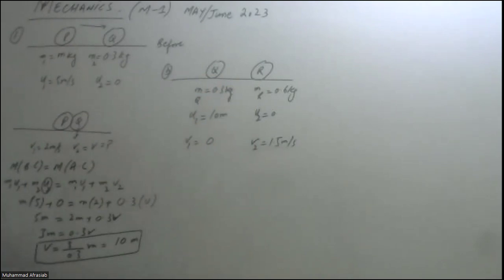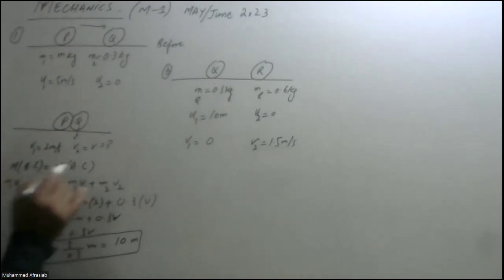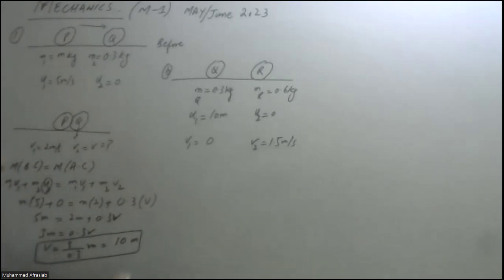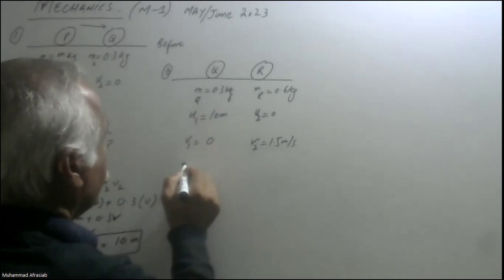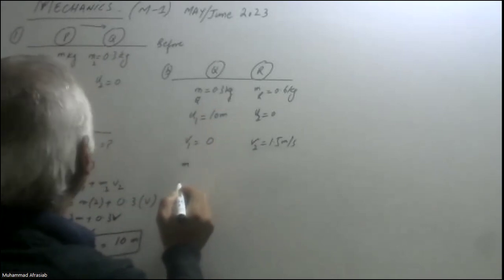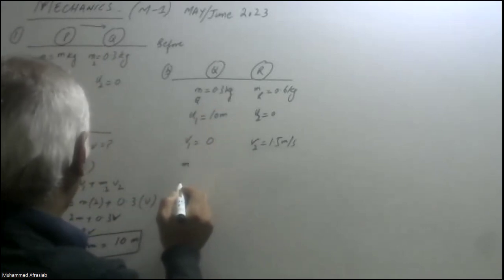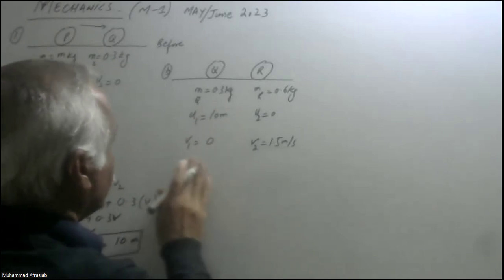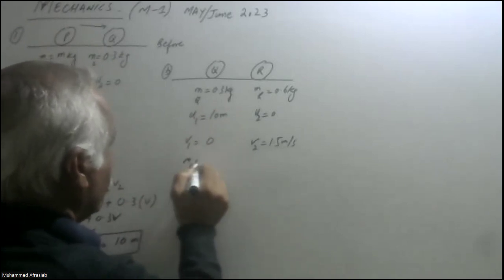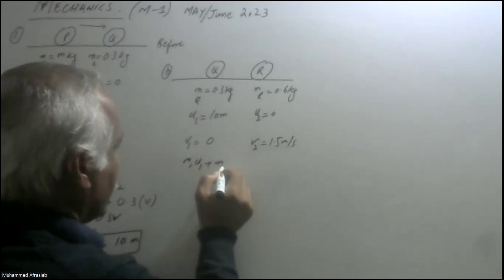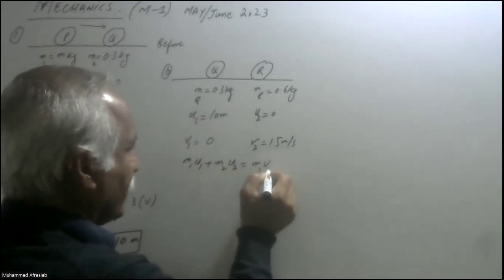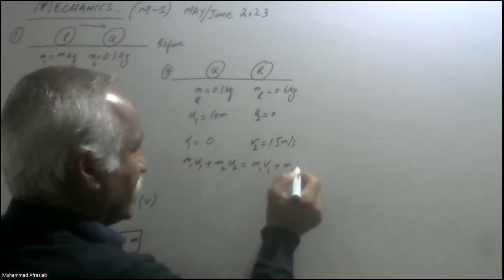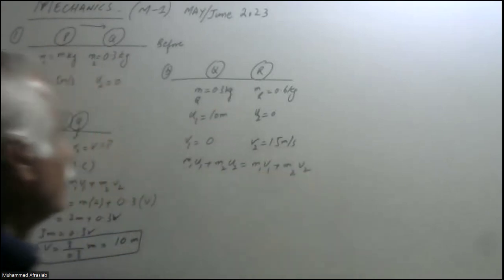Again, we use the same rule: momentum before collision is equal to momentum after collision, so m1 u1 plus m2 u2 is equal to m1 v1 plus m2 v2.